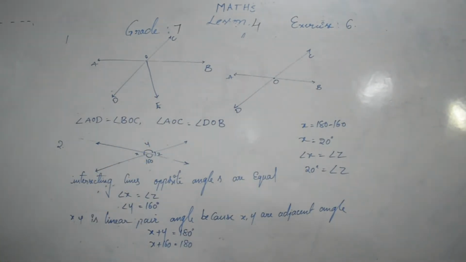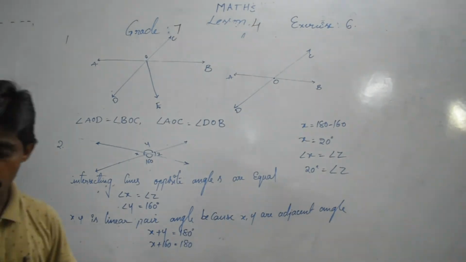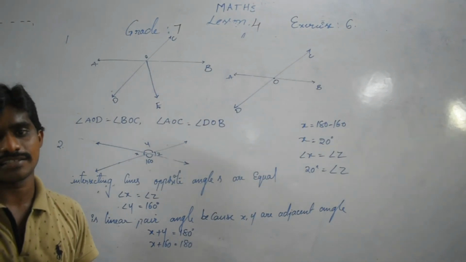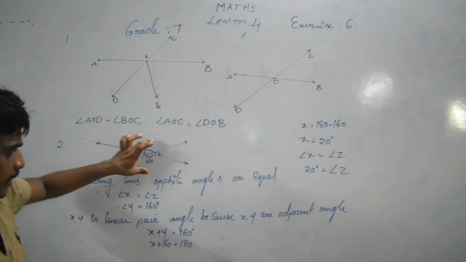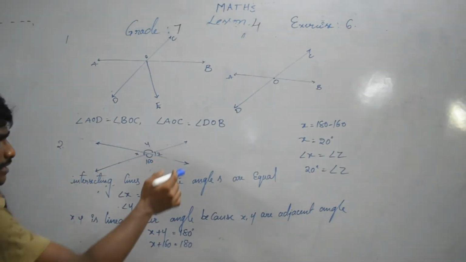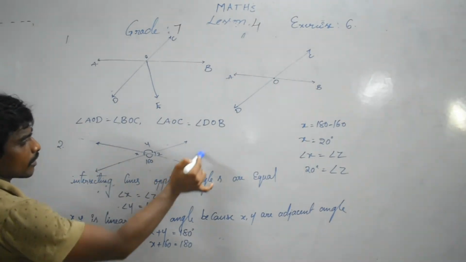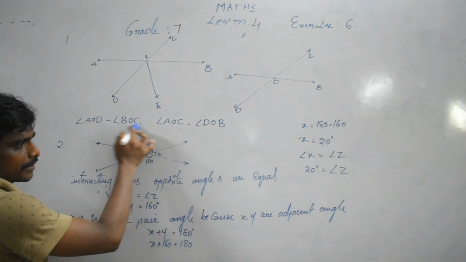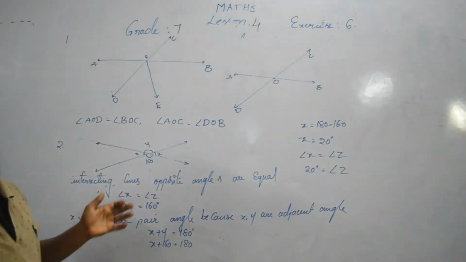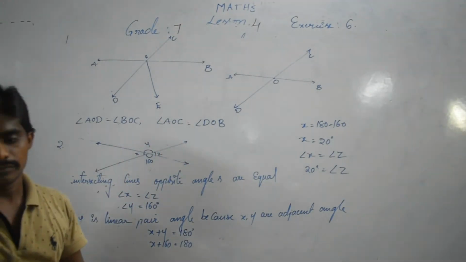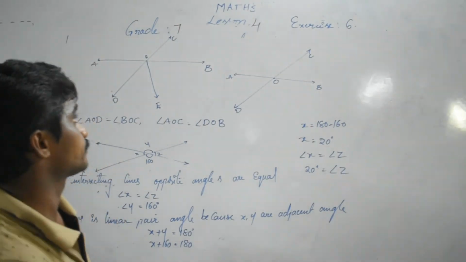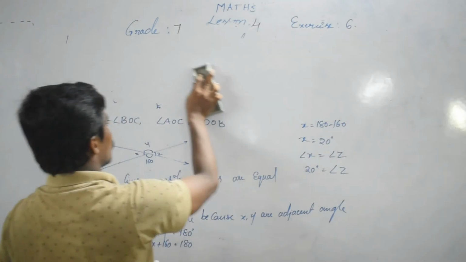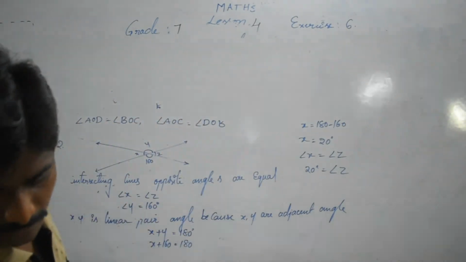Next, third question: give some examples of vertically opposite angles in your surroundings. Like in your surroundings, which figures you observe, like open scissors. So you write some examples. That is homework. So exercise 6 also we have finished.